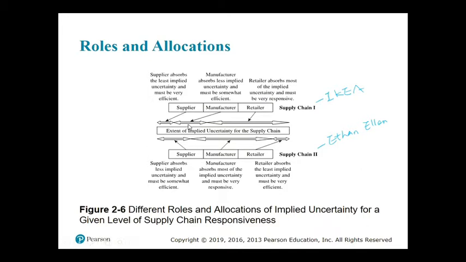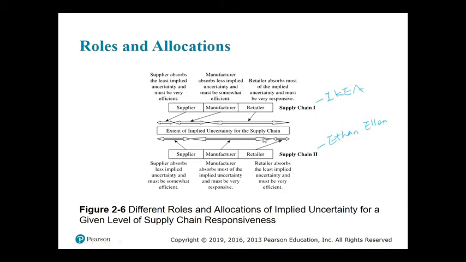And another benefit from this structure is reducing transportation cost. These modular designs are very compact, they stack very well in trucks, so we can maximize truck space. On the other hand, at Ethan Allen, the retailer holds very minimum inventory.